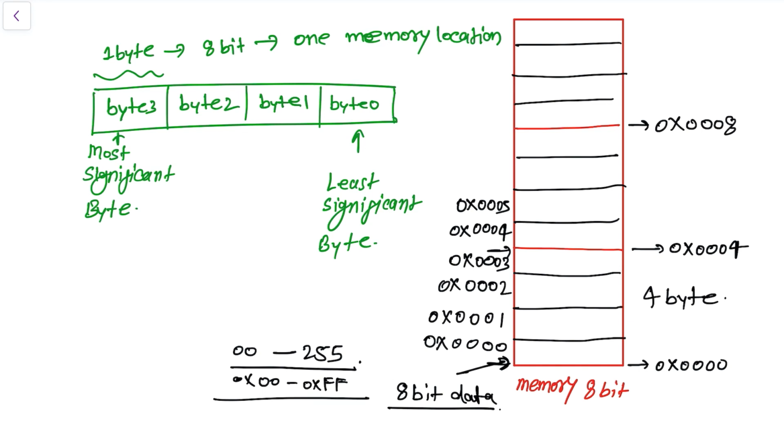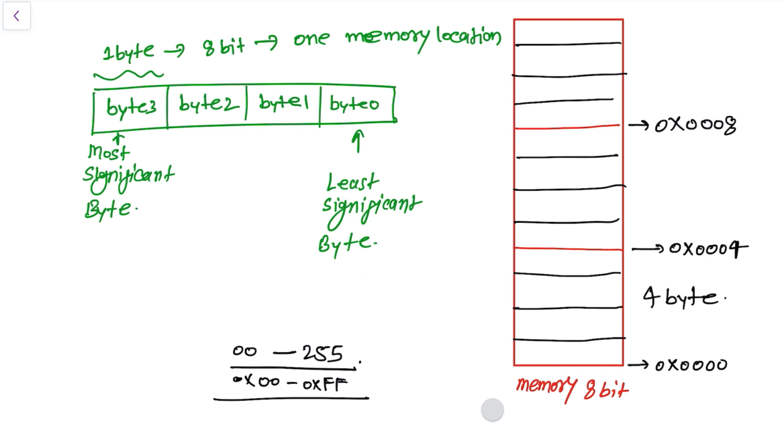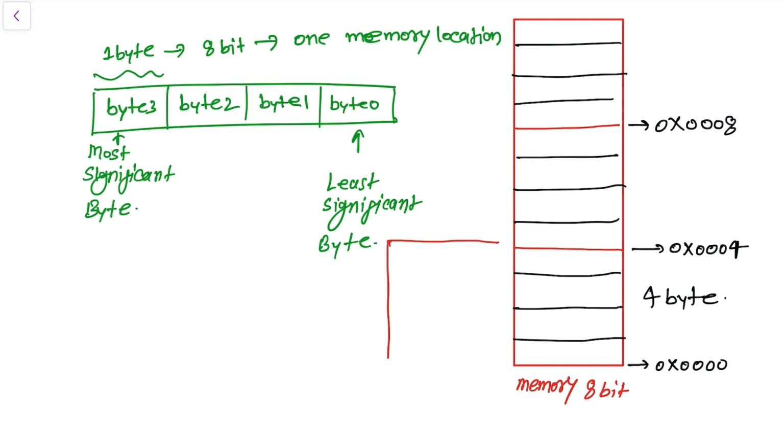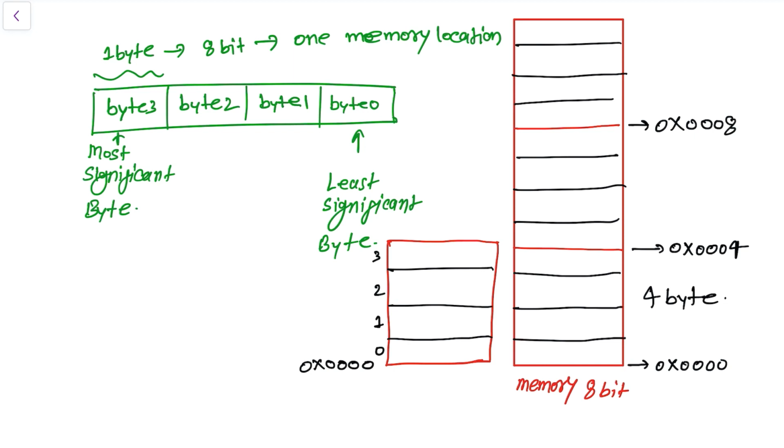There are two ways to store this. Let me delete this one first. If I make a copy of this address, the same address here, which starts from location 0x0000, and then 1, 2 and 3, that's the four bytes, 0, 1, 2, 3.